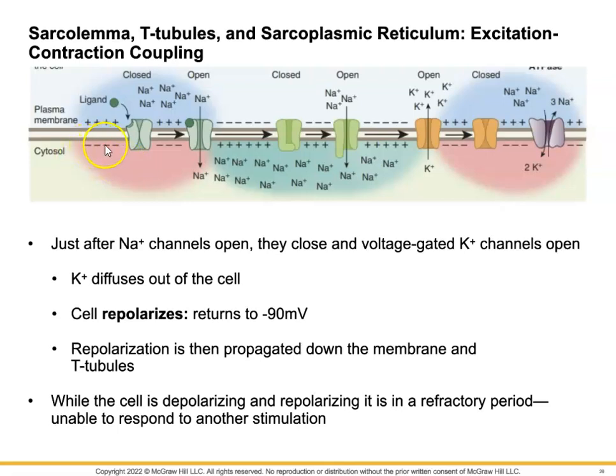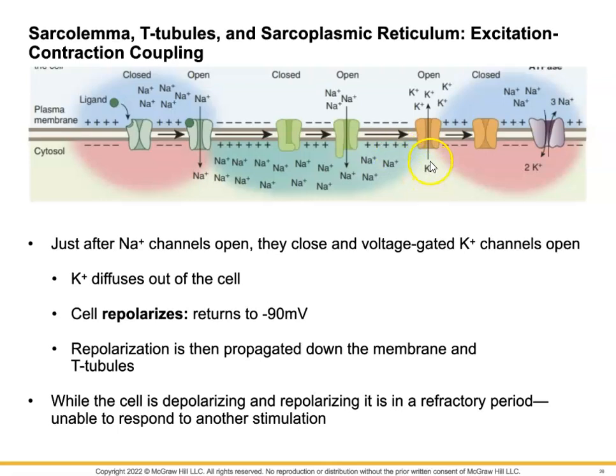Now look over here, we've got lots of negative charges, so this is a cell at rest. That is resting cell membrane potential, okay? Now that positively charged sodium rushes in, and look, now we've got positive charges around the cell membrane, and if it reaches -65 instead of -90, then it has reached threshold, and it propagates that action potential all the way down the sarcolemma and the T-tubules.